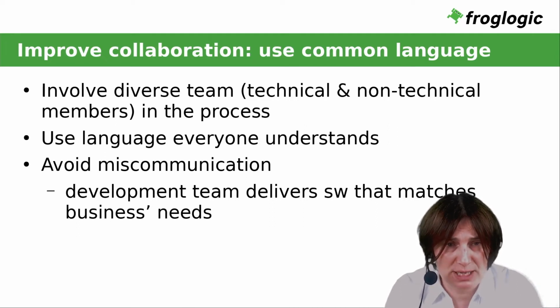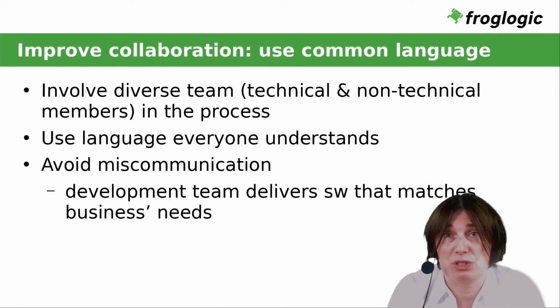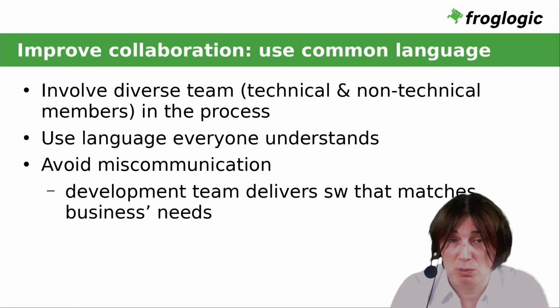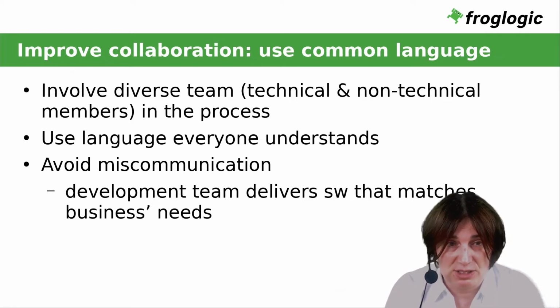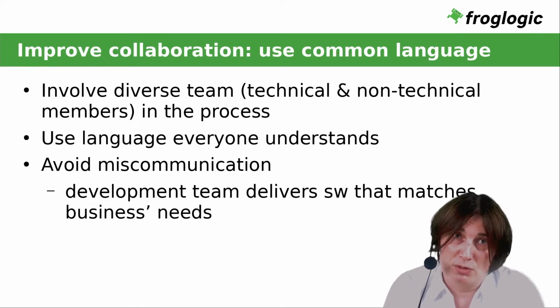So the best way to do it is to use a language that every single member of the development team, or of our entire team, understands. And if we use a simple language, chances are we avoid miscommunication.